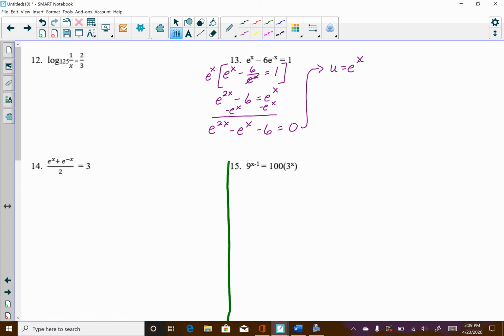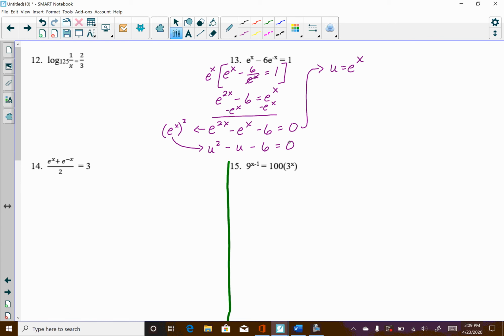If I let U equal e to the x, then this first one, e to the 2x, wouldn't you agree that would be the same as e to the x squared? So that's why it's going to allow me to write this as u squared minus, well, we know e to the x, I told you that was u, minus 6.